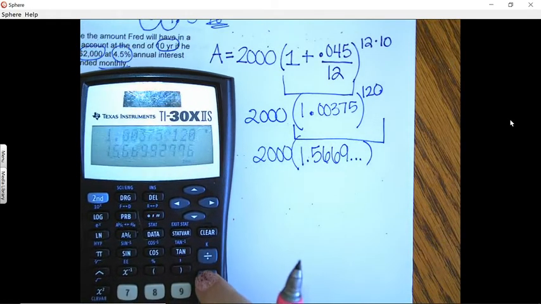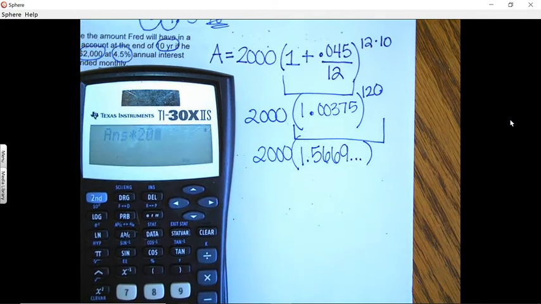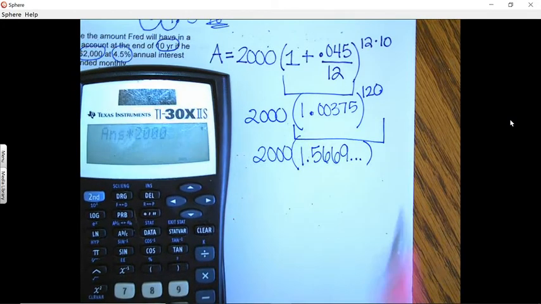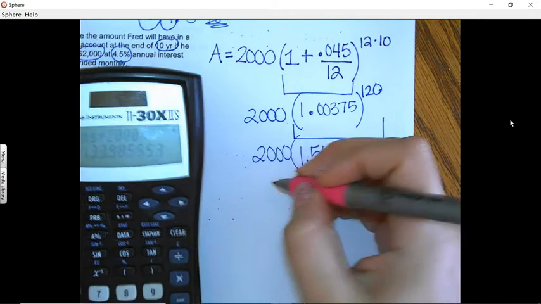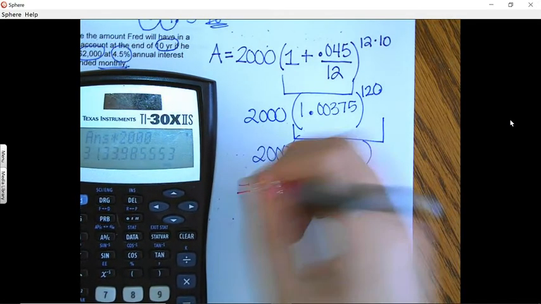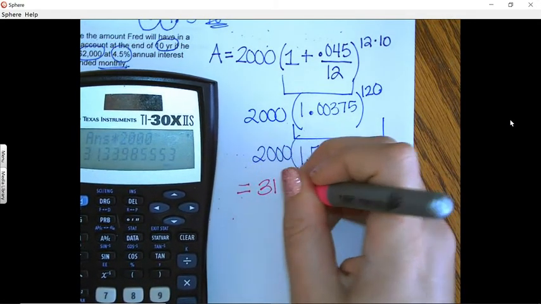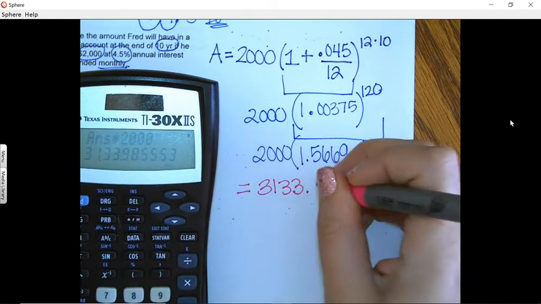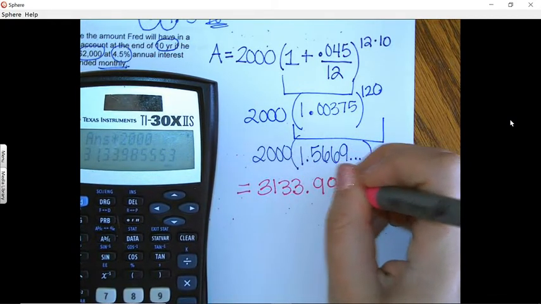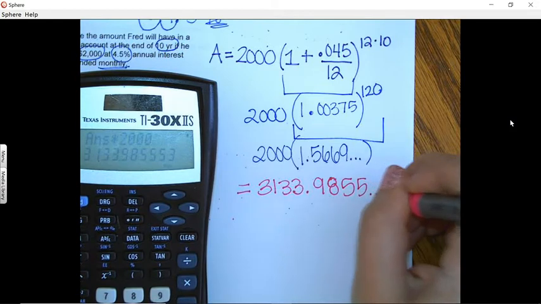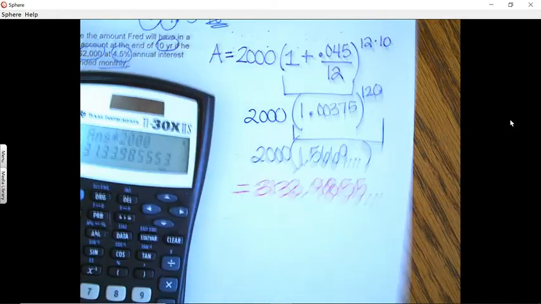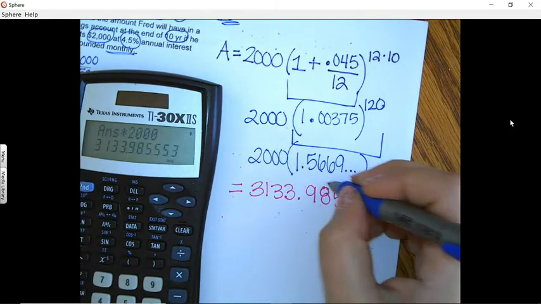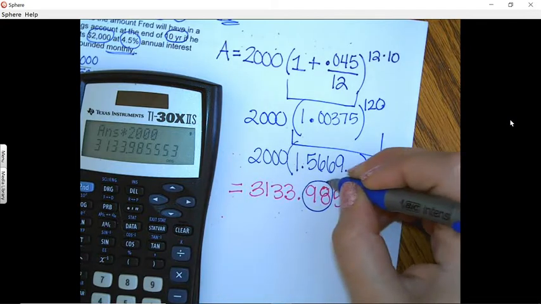So then we're going to do times 2,000, and we would get 3,133. And then the directions said to round to the hundredth place. So that means we only want 2 decimals, 2 numbers after the decimal.